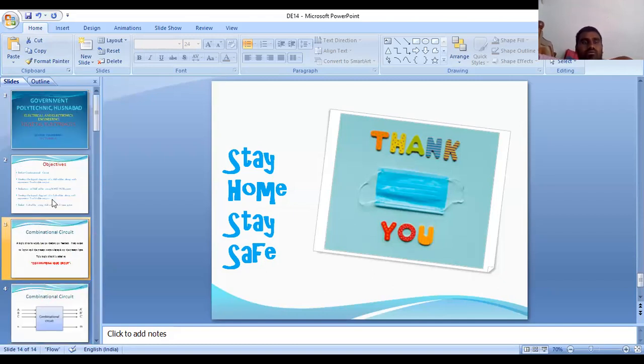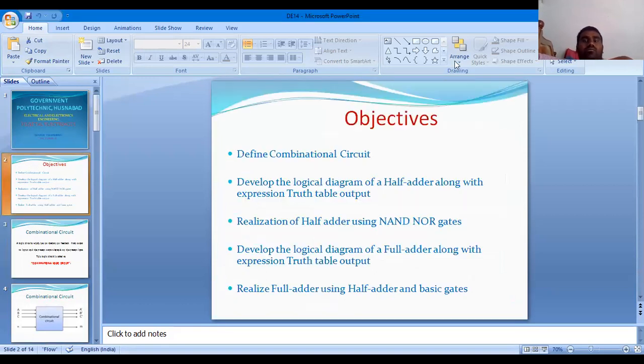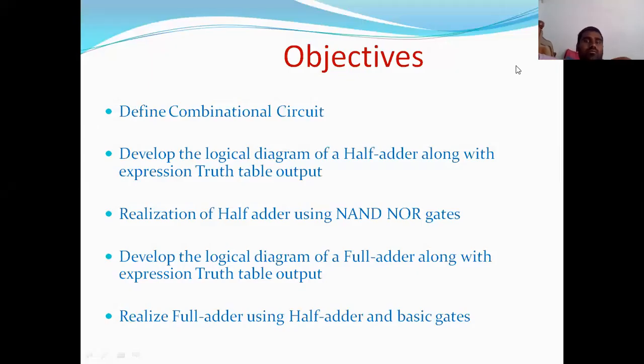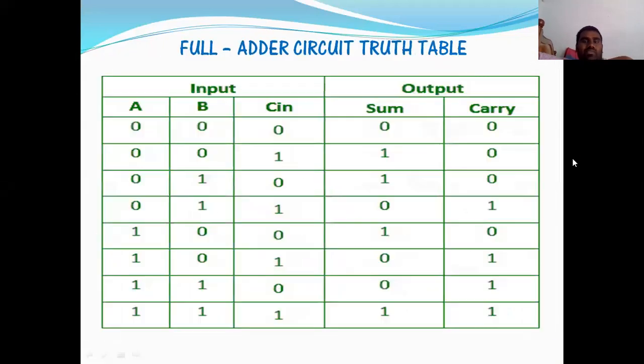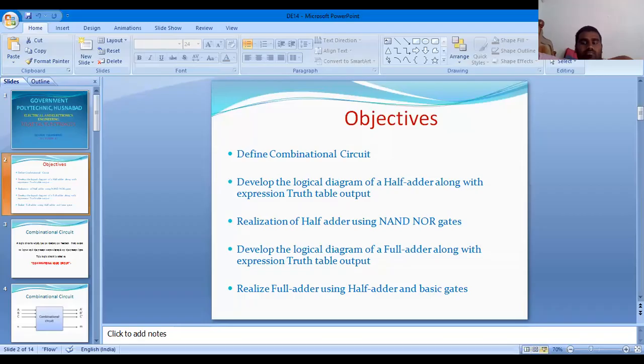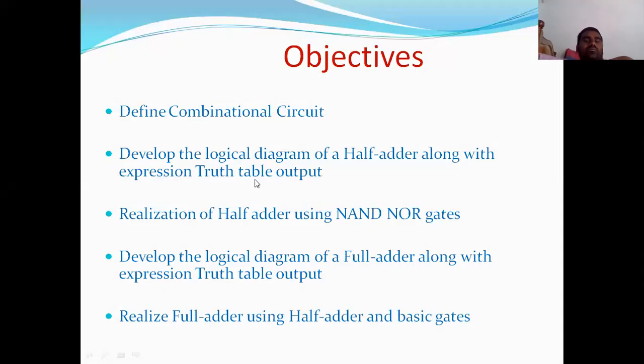So today we are completing and covering these objectives: combinational circuits, define combinational circuit and develop the logic diagram of half adder along with expression, truth table, output and realization of half adder using NAND and NOR gates, and develop the logic diagram of full adder along with expression and truth table.